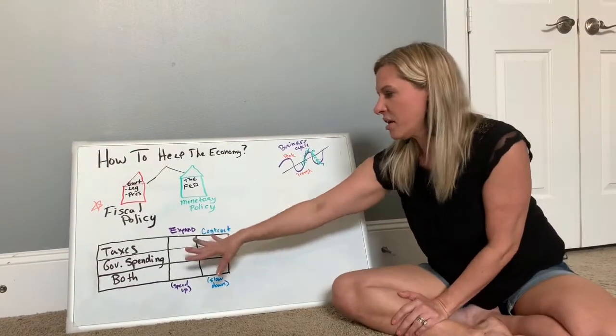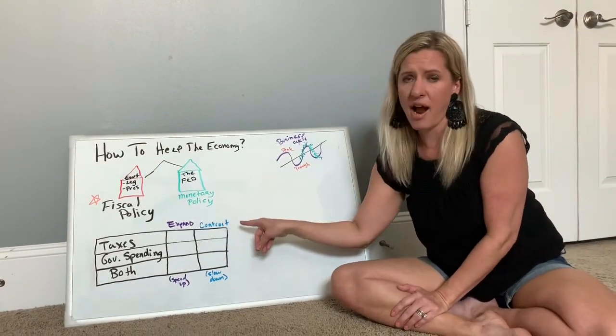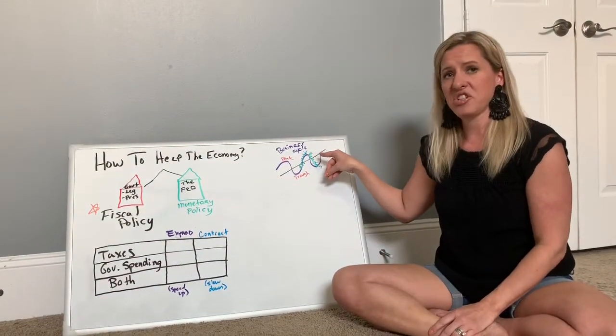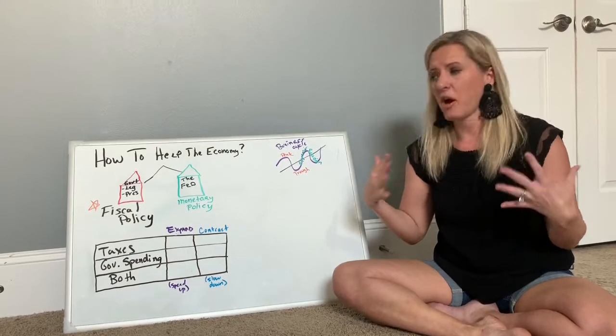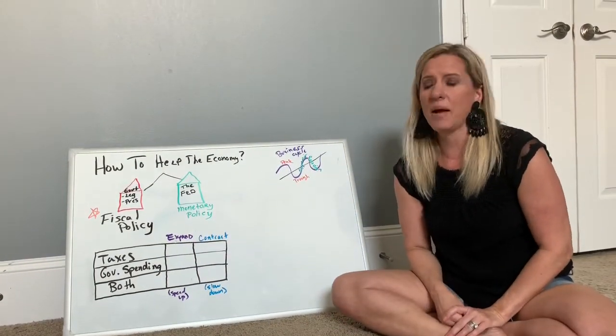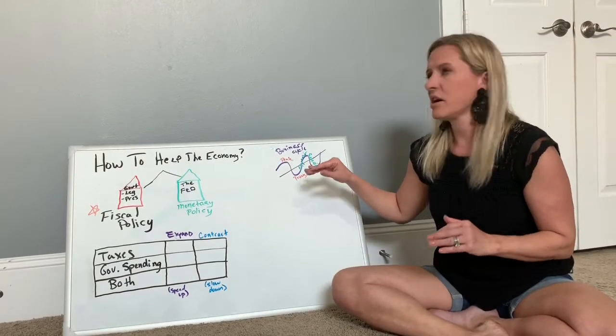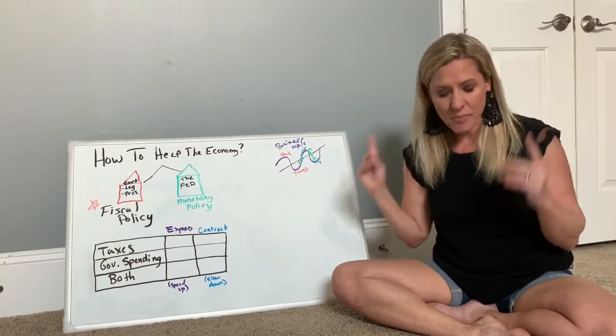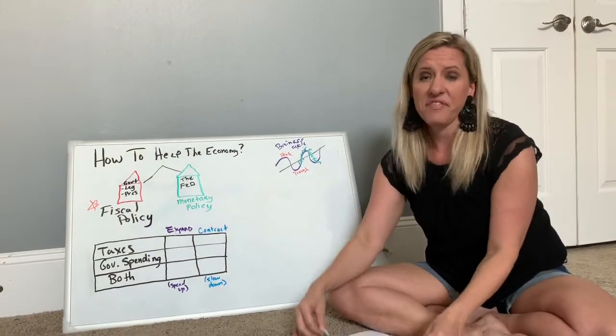Okay? And notice on my chart I have expand and contract, because right now we're talking about going into a recession. So the government's trying to figure out what they can do to expand the economy, but that's not always the case. Sometimes we're in an economy where everybody has money and everybody's spending, and the problem with that is you have inflation.